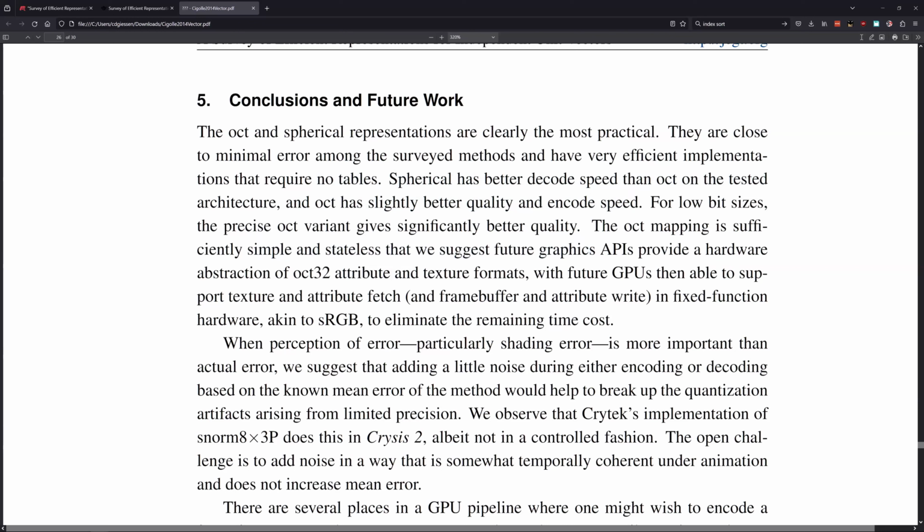Ooh, that's not something I've seen happening in the last 10 years. But that would be pretty cool if it was baked into the hardware as a specific format type.